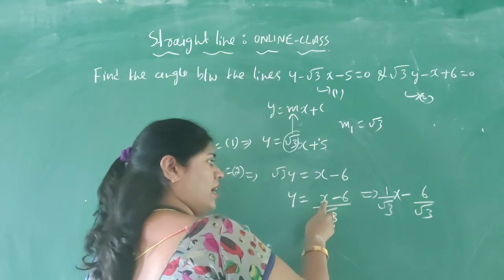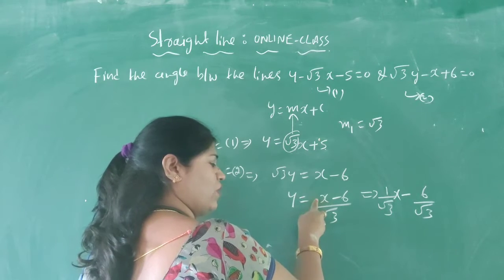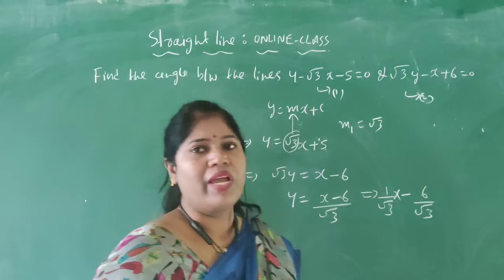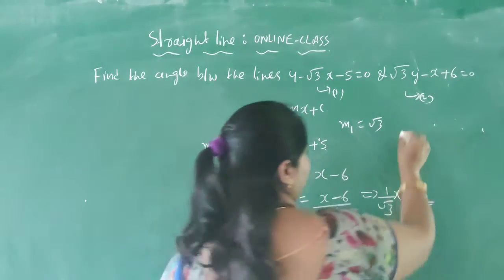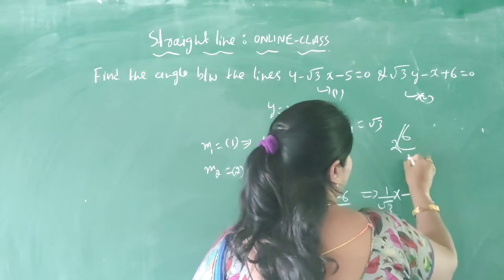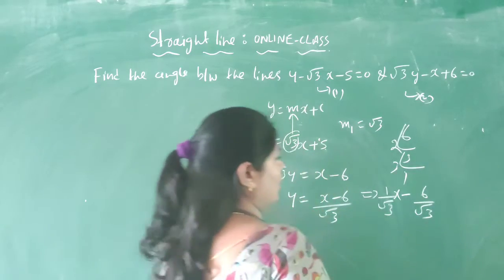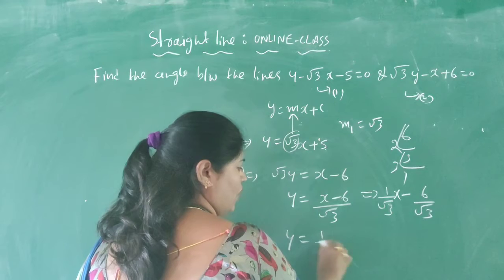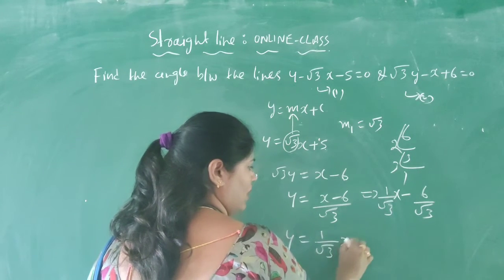So 6 can be written as 2 threes, 3 ones. So it can be written as y is equal to 1 by root 3 x.